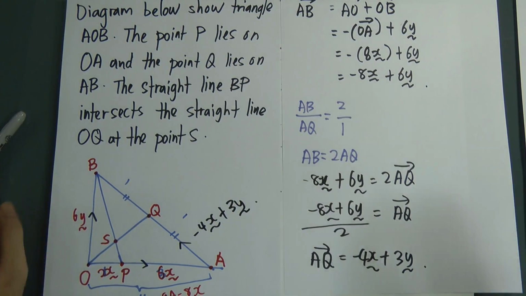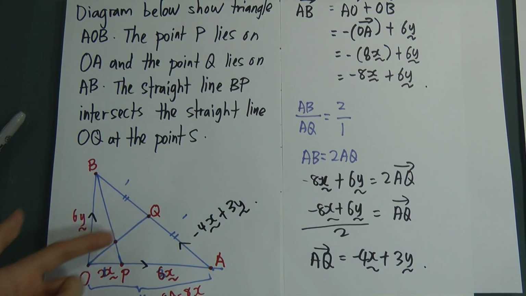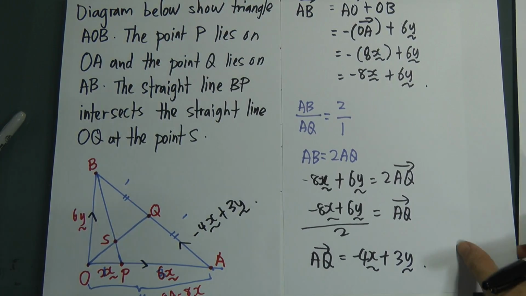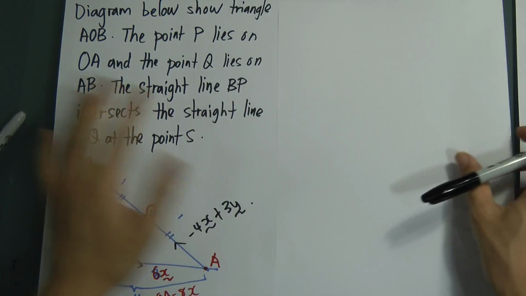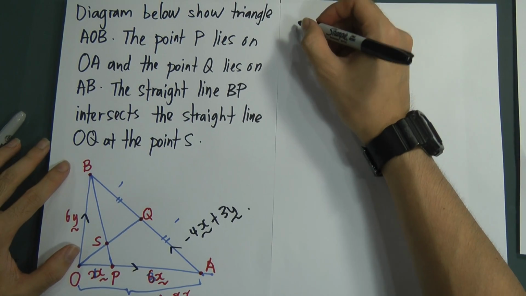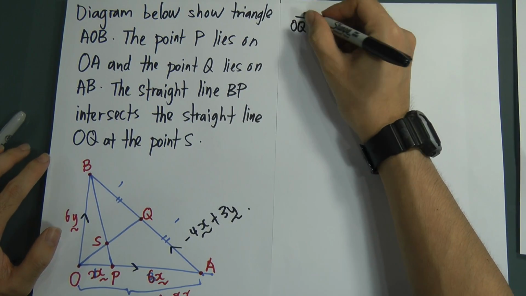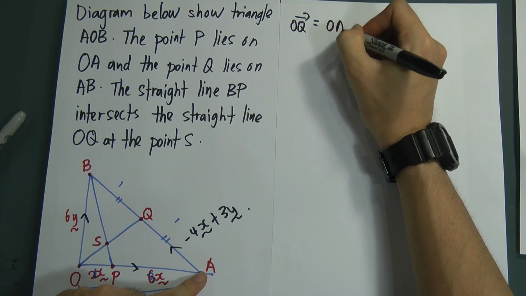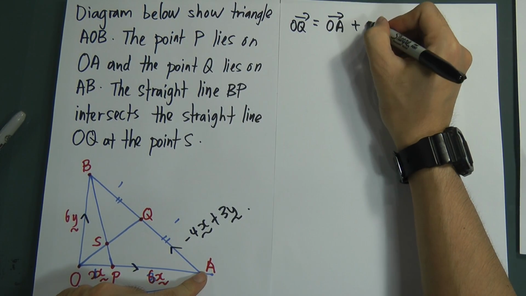Then I can easily get OQ, O to Q. I use OA to AQ. Now I do what the question wants. They ask for OQ. So OQ should equal OA plus AQ.